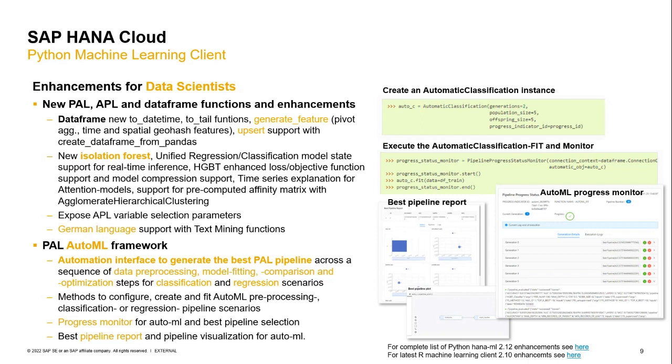Also, the Automated Predictive Library has some enhancements in the Python machine learning client, like in the area of variable selection of parameters, and German as a language is added to the text mining functions in the Python interface.